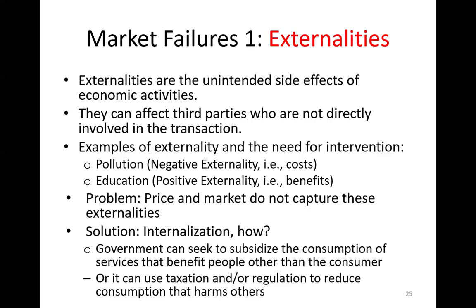For instance, pollution is a negative externality that requires government regulation to mitigate its impact.